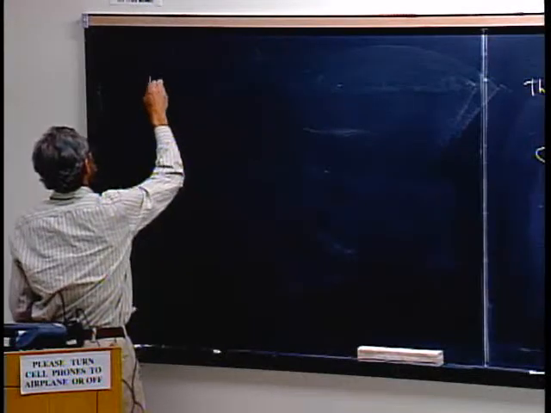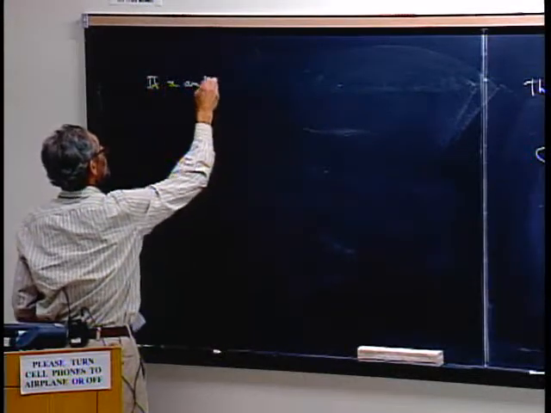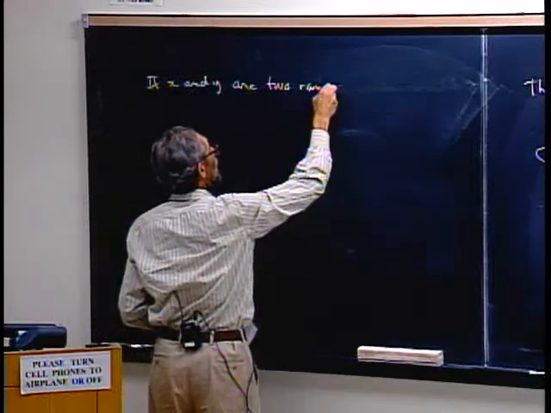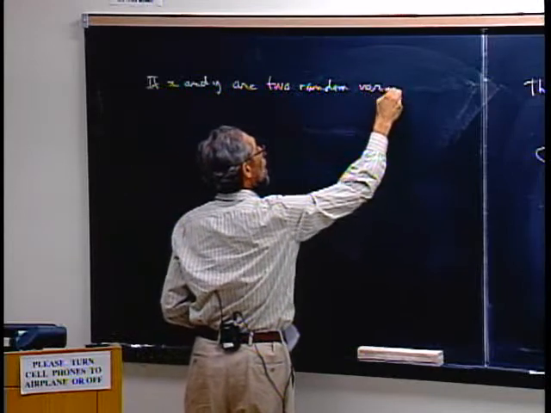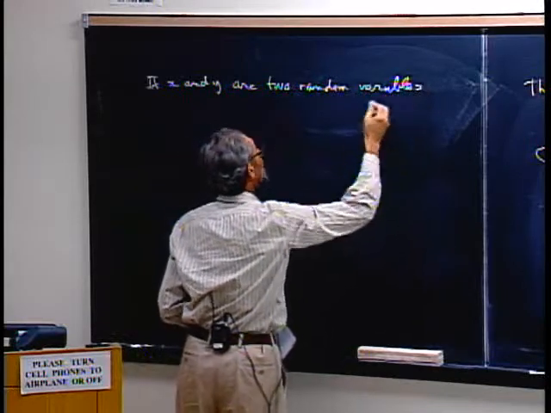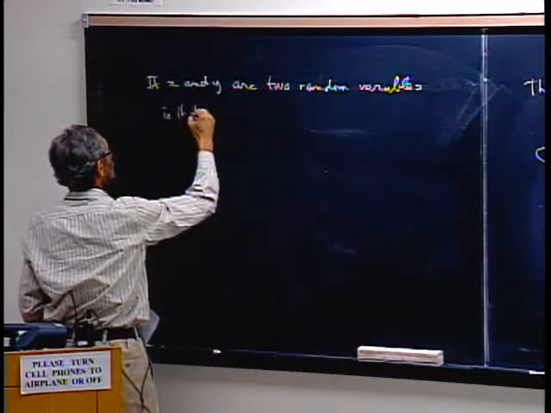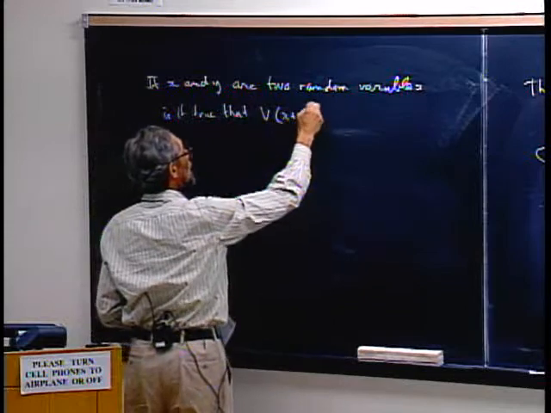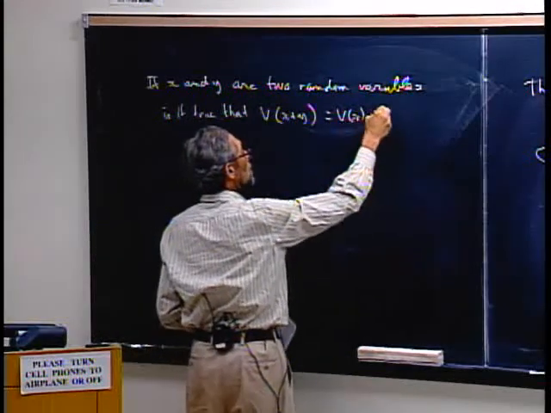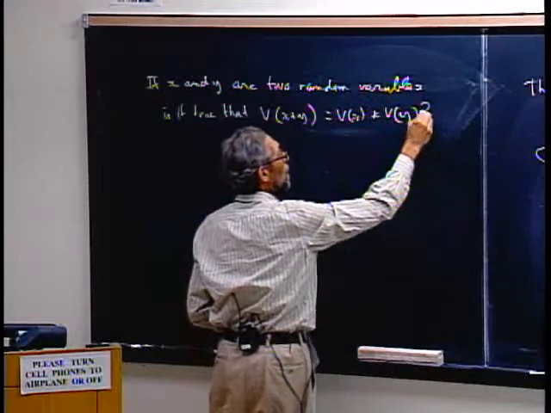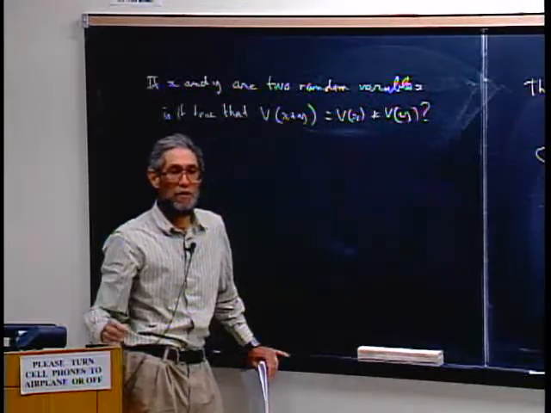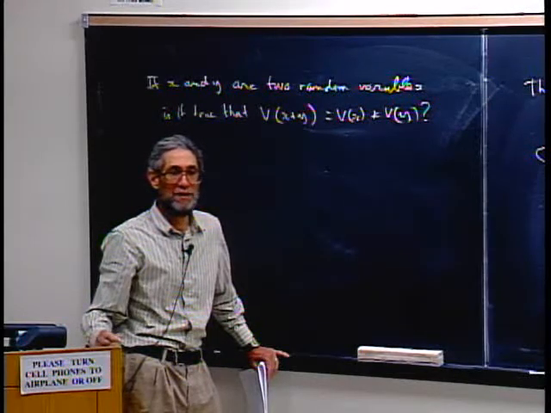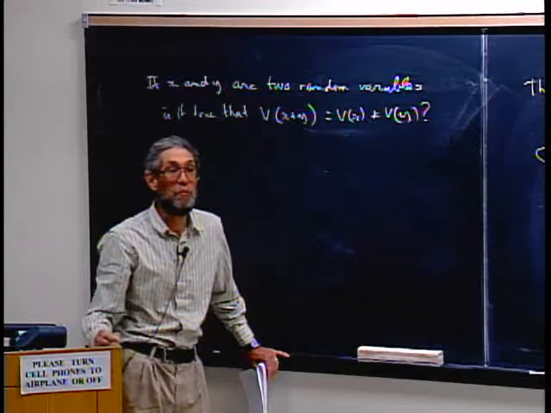So if X and Y are two random variables again, is it true that the variance of X plus Y equals the variance of X plus the variance of Y? What do you think? Let's take a vote. How many people think it is? And how many people think it's not? Okay, so some people know that it's not.